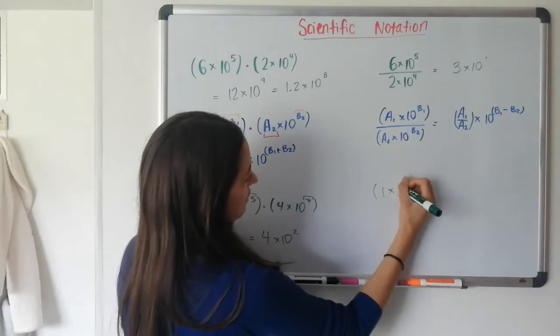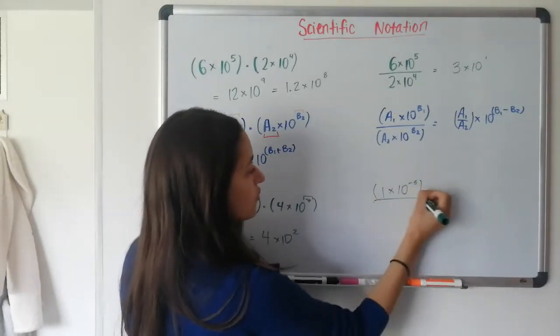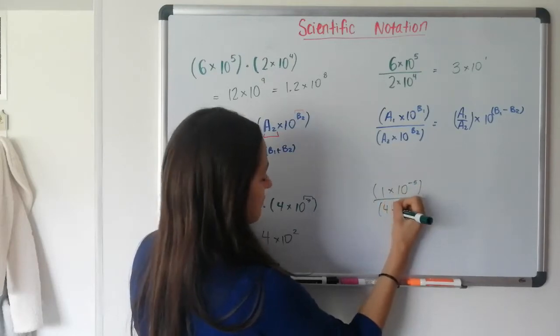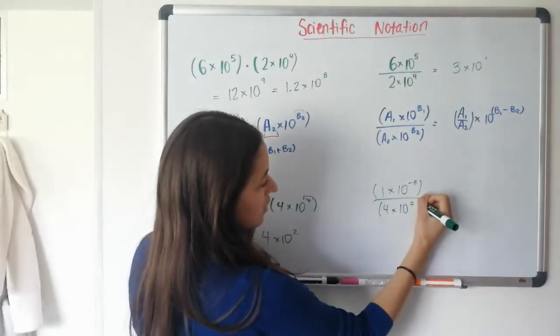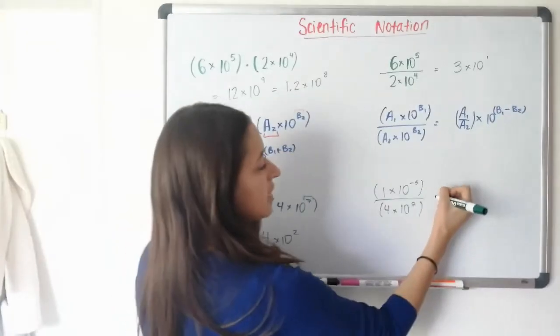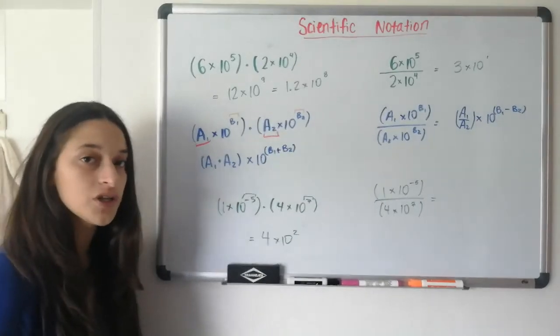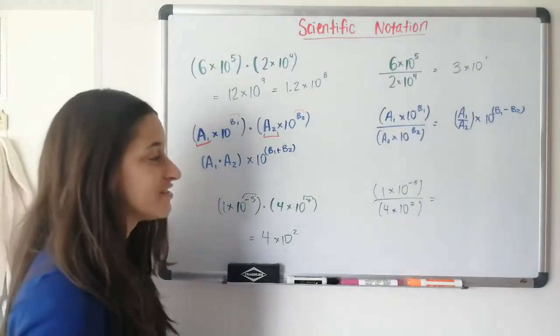Now let's do it as a division. So we have 1 times 10 to the negative 5 over 4 times 10 to the 7. So we divide only the number. 1 over 4 is 1/4, which in decimal, if you put it in your calculator, if you remember, is 0.25.